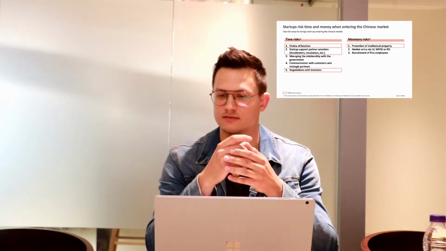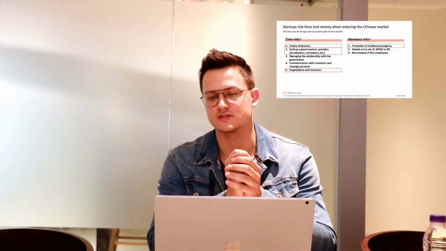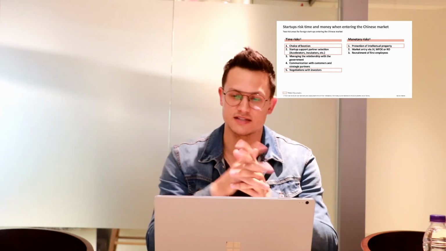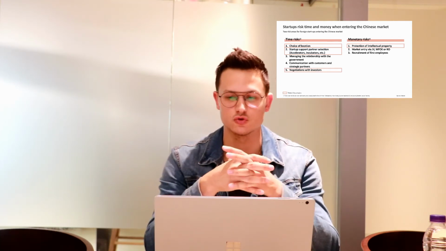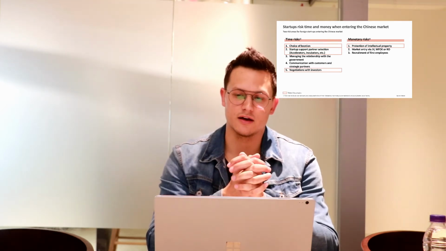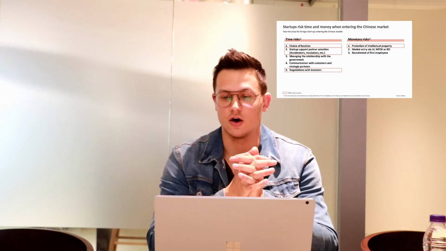So it's not huge money at stake, but they lose some time, and of course time is super valuable, so that's not ideal. Second type of risk are the monetary risks, so that's where, through lawsuits or the wrong form of market entry or other mistakes that you might make, you risk losing a substantial amount of money.